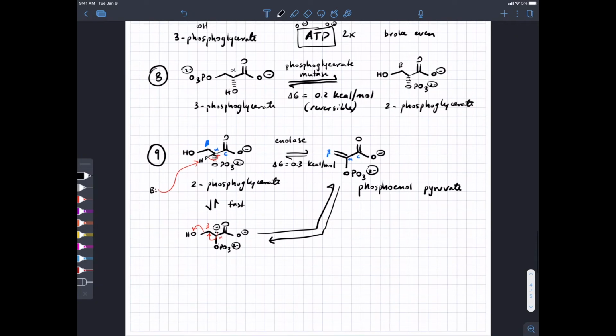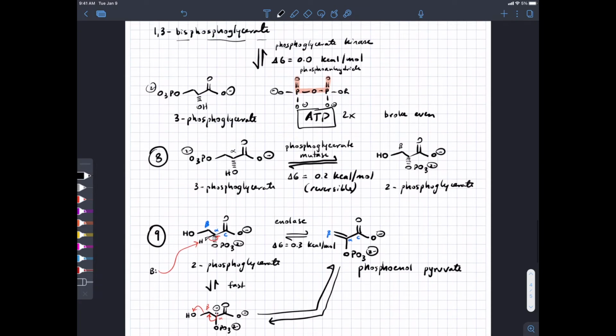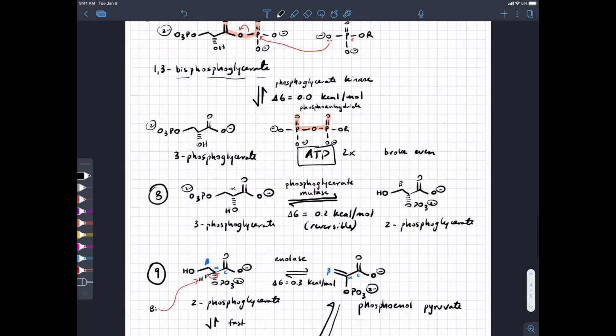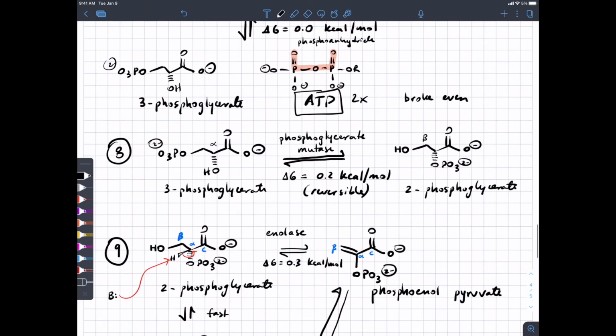Now, as we've done these past few steps, you should sort of feel the tension building. We moved a phosphate group from the far end of the molecule to closer to the carboxylic acid. And there should be some electrostatic repulsion there, right?